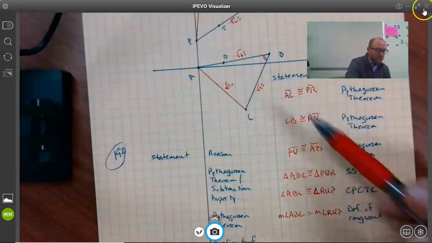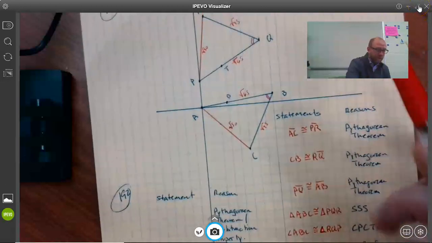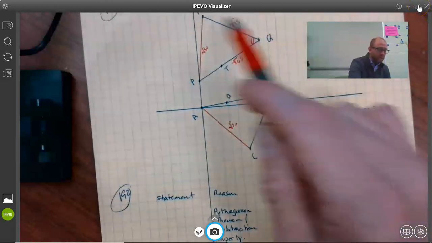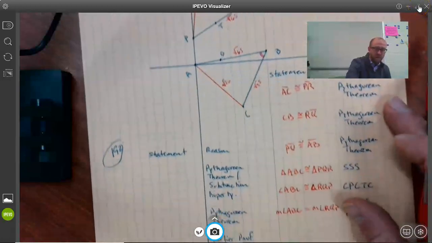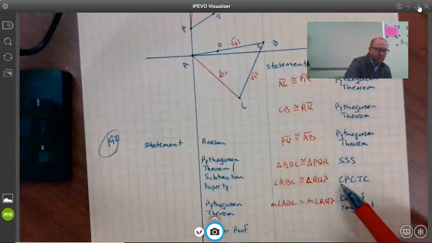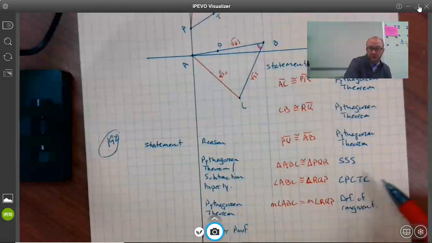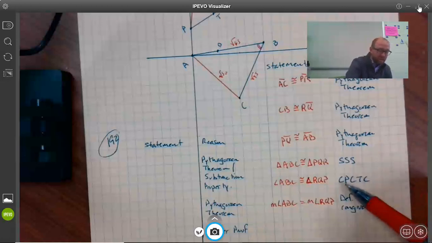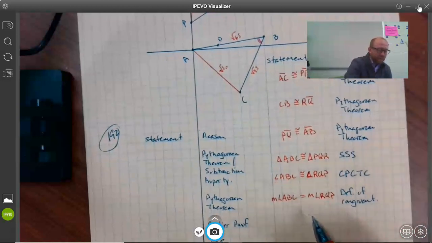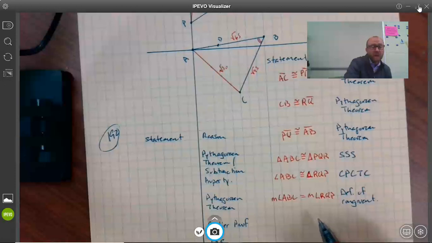And so that means the two angles in question, that was PQR and ABC, those are congruent. Our reasoning is because corresponding parts of congruent triangles are congruent. CPCTC, corresponding parts of congruent triangles are congruent. And then finally, we were specifically asked to say that the two angles were the same measure or the same size, and that's what congruence means.